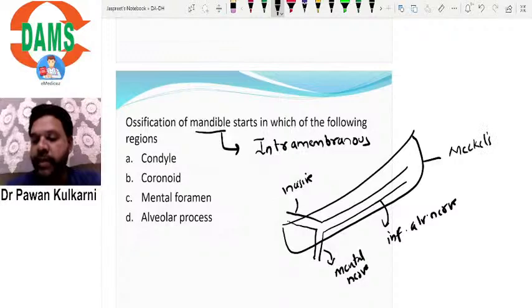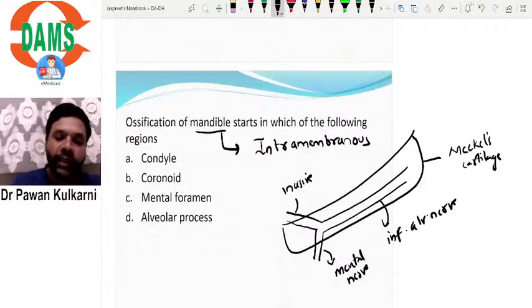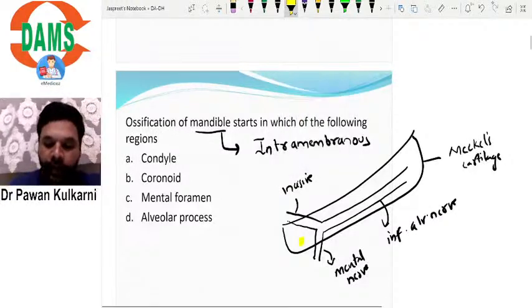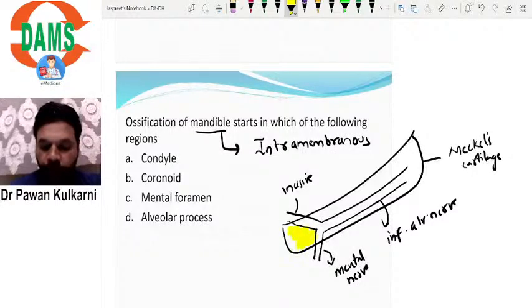Now, at the junction of the incisive and mental nerve, there will be a membrane, and in this membrane around the Meckel's cartilage, you will see the ossification here.